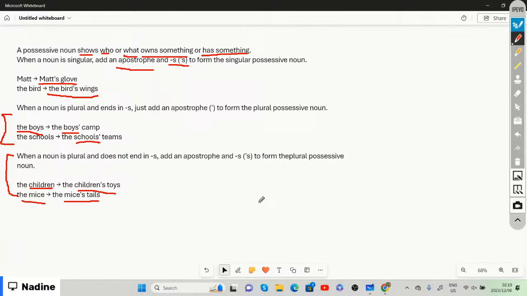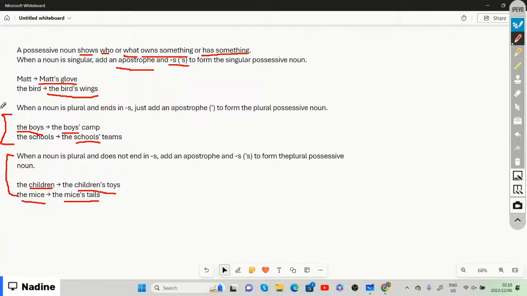Or let's say it's almost like you're owning something. It's mine, it's a possession. I'm taking possession of it. And we made an example of Matt and we said Matt's gloves. And then we also made an example of the bird.